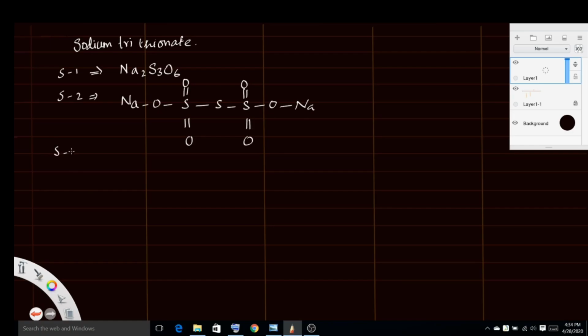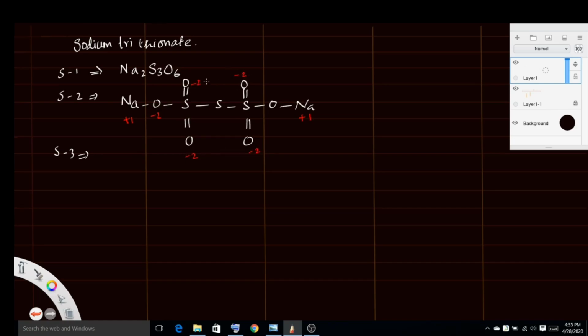In step 3, we assign the charge of all elements. Here sodium has plus 1 and this sodium also has plus 1, and all oxygens have minus 2 as the oxidation number.